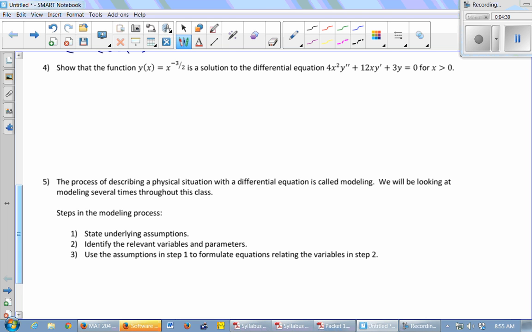So I'm claiming that this is a solution. So to check, I have to plug in all of the things in this formula and make sure that this equation actually does equal 0, that the two sides are actually equal. My equation involves y's, y primes, and y double primes. So I'm going to need the first two derivatives of the candidate solution.